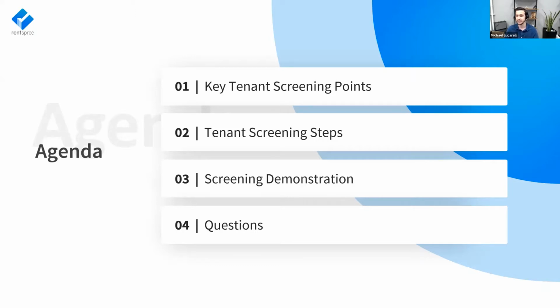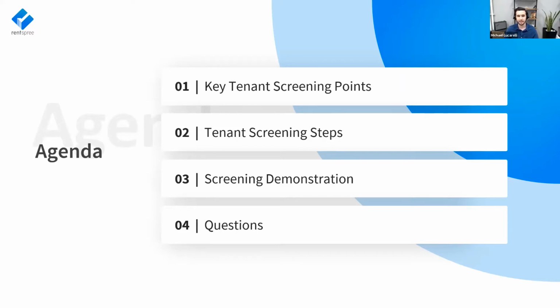So Rentspree exists to provide you with a streamlined way to handle a rental transaction, in particular getting all the information you need to screen quickly and efficiently. Because as you know, with rentals, in some cases you might not have the same earnings as you would from a sales transaction. So it's important to think about the time you're spending on your screening process, because any wasted time really magnifies to your bottom line, given that you might not be making so much for a closed rental transaction compared to a sales transaction.